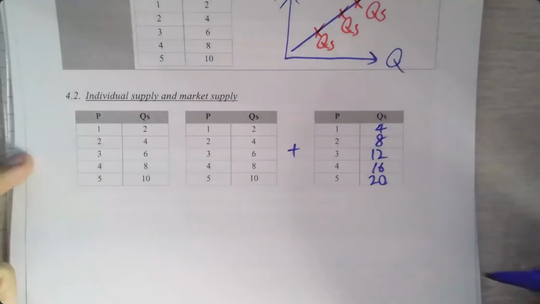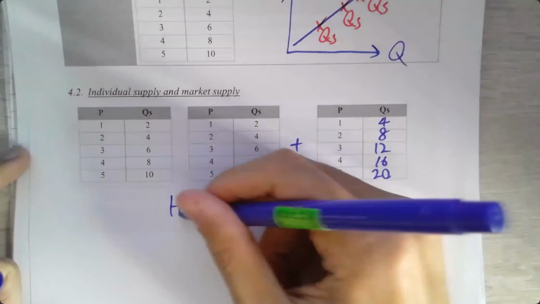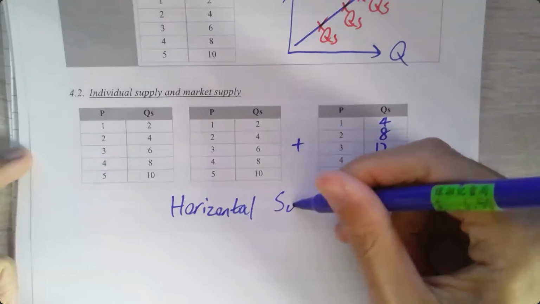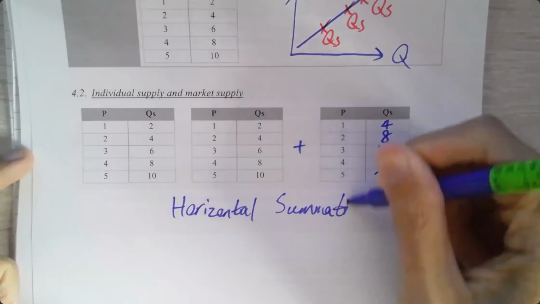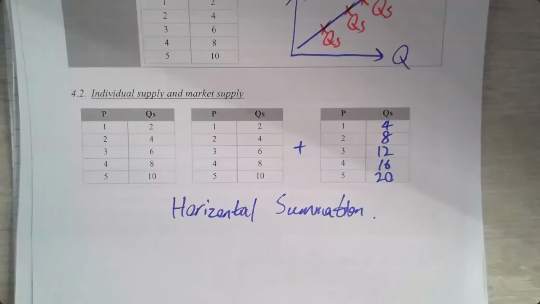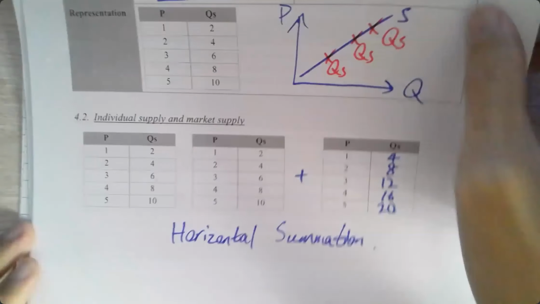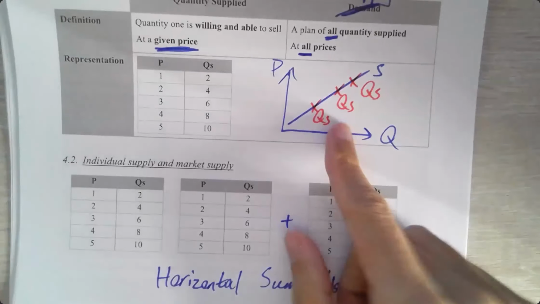It's horizontal summation. Nothing special, basically the same as demand, only that one of them is upward sloping, and one is downward sloping.